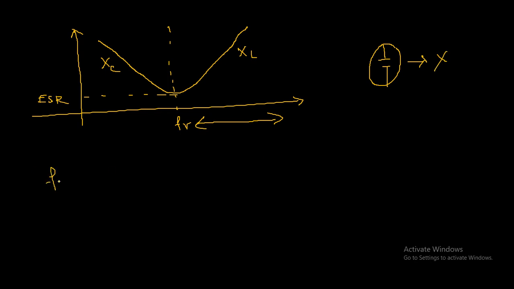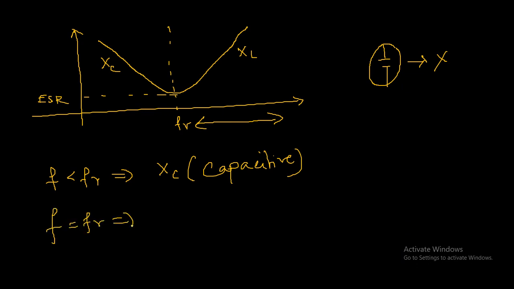If f is less than fr, that is below the resonant frequency, the dominant behavior is capacitive. If f equals fr, it shows resistive behavior, so mainly the ESR will dominate, because XL and XC cancel each other. If f is greater than fr, it will show inductive behavior.